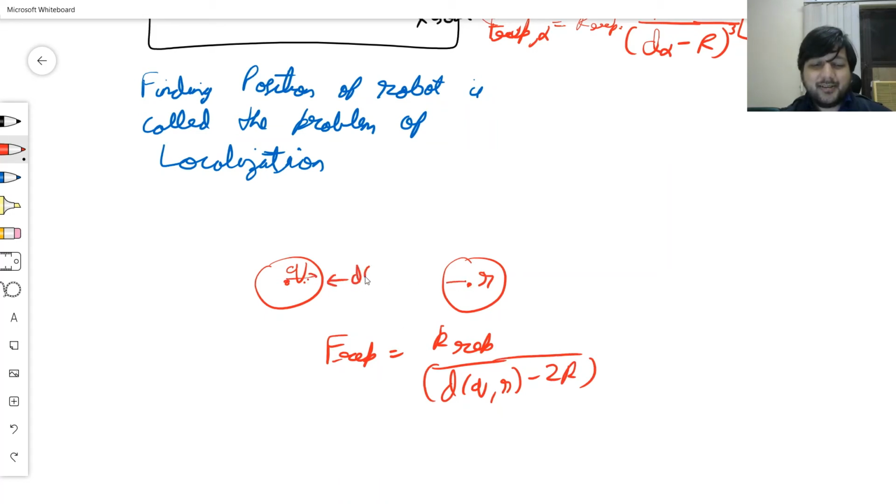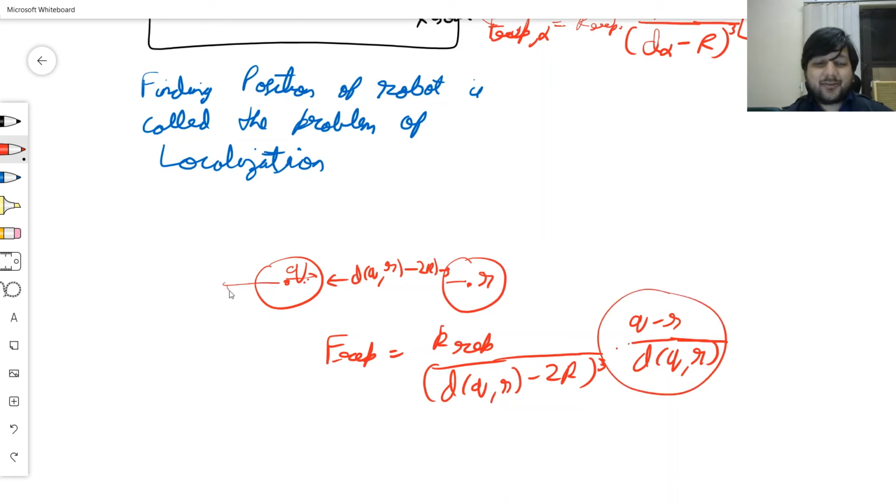So this is d(q,r) minus 2r. And this is the unit vector away from the direction.